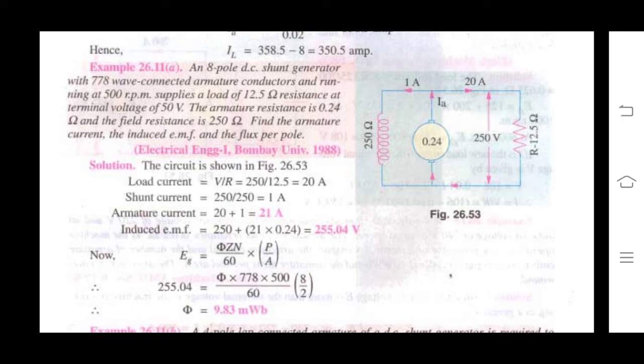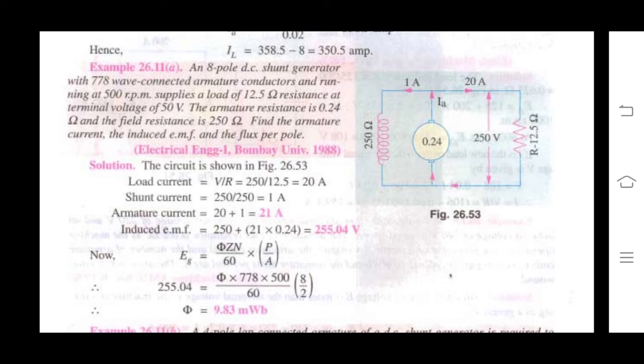The armature resistance is 0.24 ohm and the field resistance is 250 ohm. Find the armature current, the induced EMF and the flux per pole.